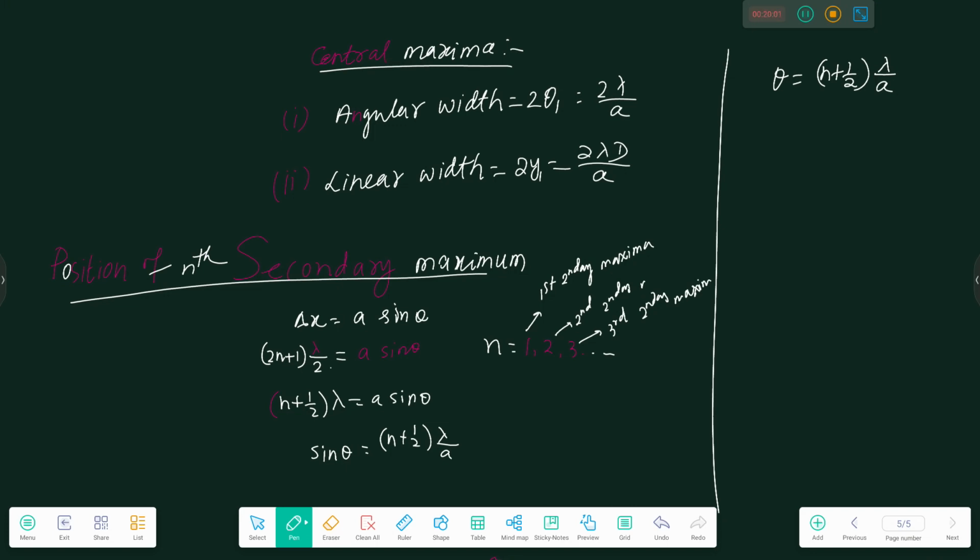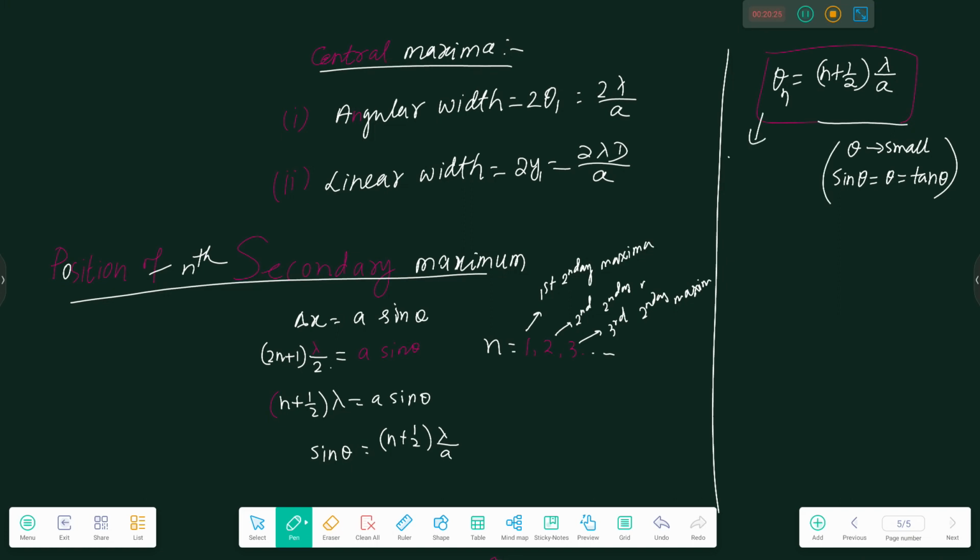Now here theta equals n plus half lambda by A. My n is running from 1, 2, 3, and this I can call theta n. As theta is small, sin theta is nearly equal to theta, nearly equal to tan theta.